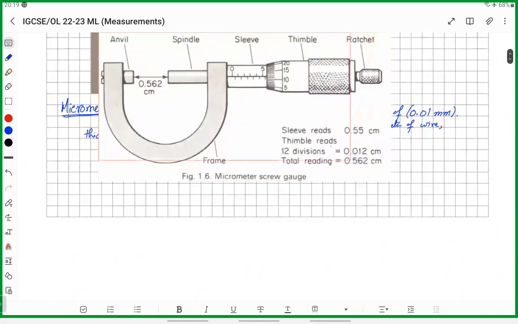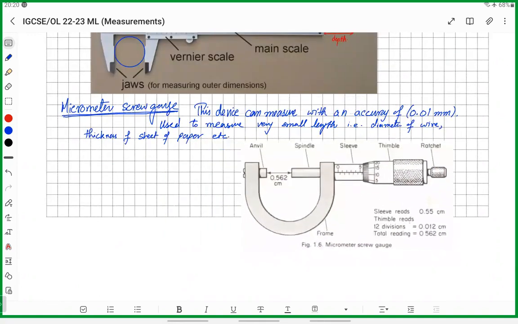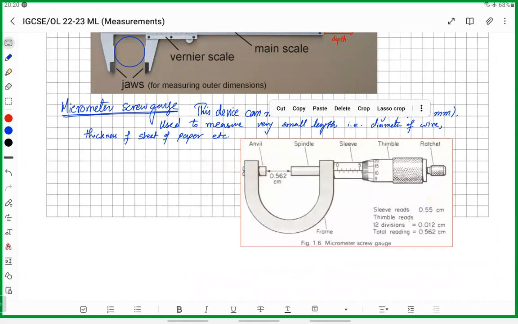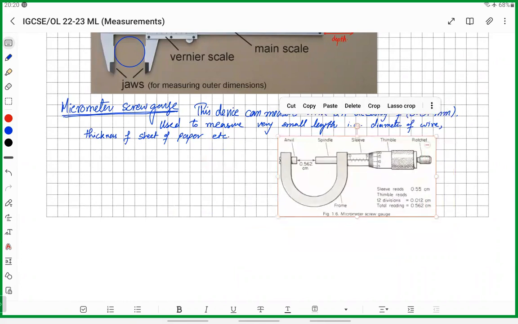But if we have just one paper, one specimen, let's say an old ancient paper, and somebody needs to find the thickness of that paper, and we don't have many of them that we can stack together and find their overall thickness and then divide by the number of papers, in that case, we use a device like this.